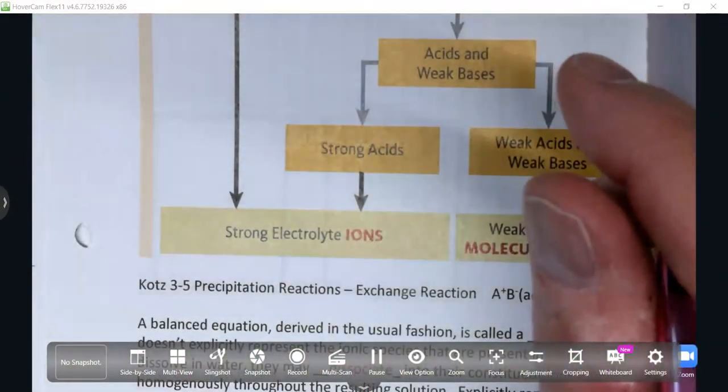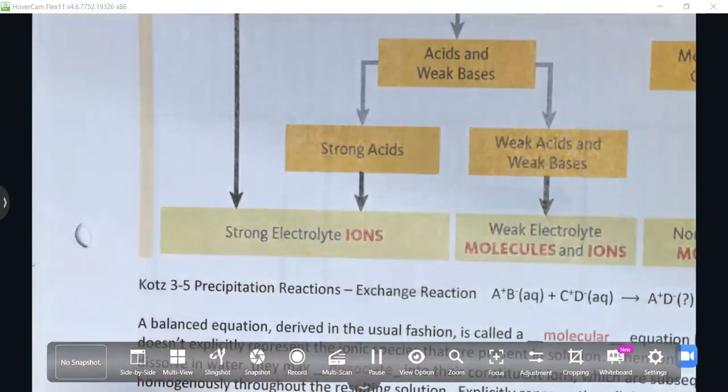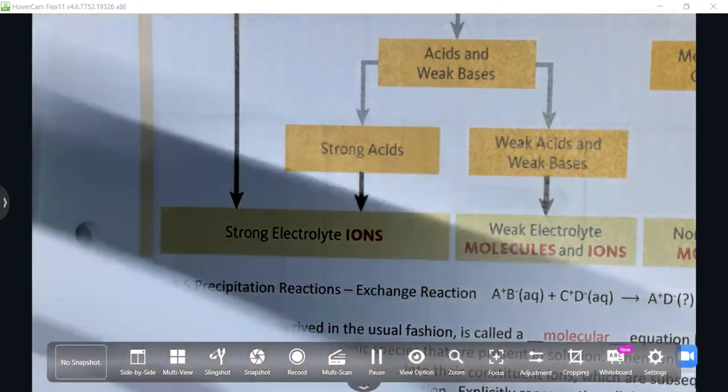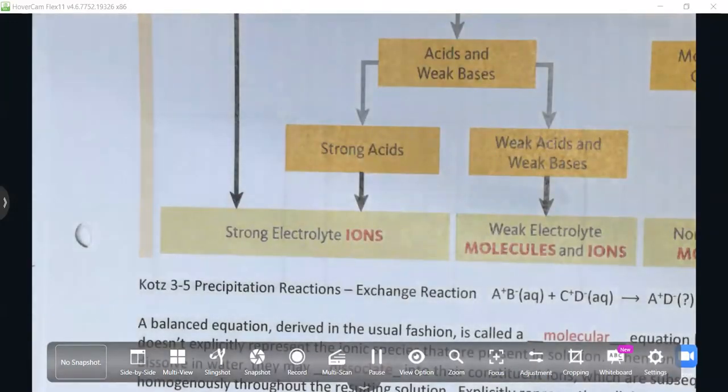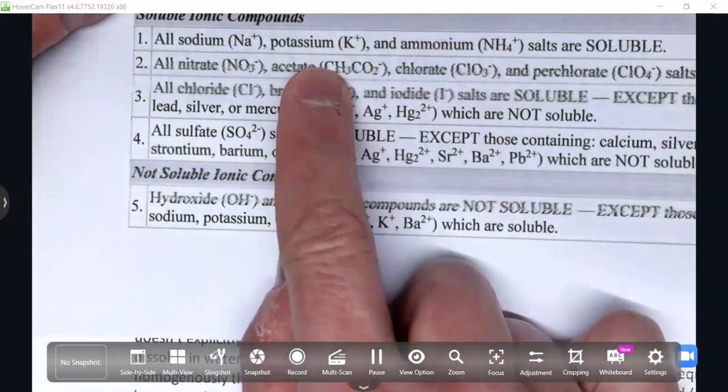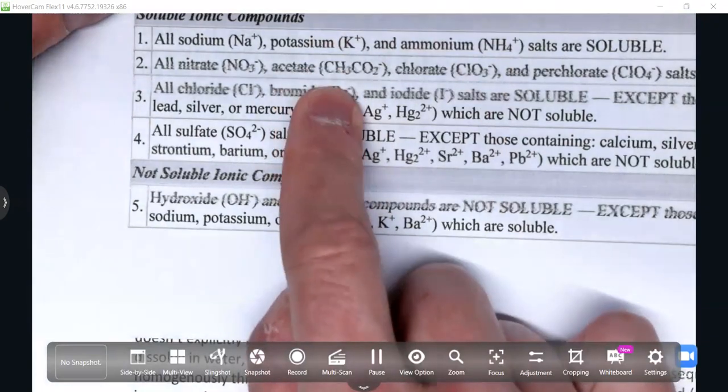How do you know something dissolves? This is the ionic compound dissolved in water. This is what you're going to see with OWL.